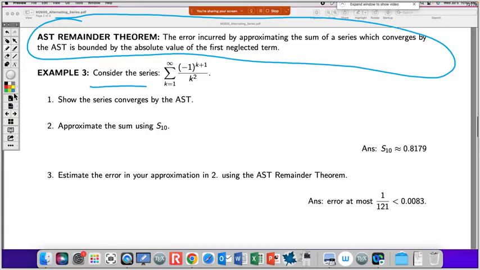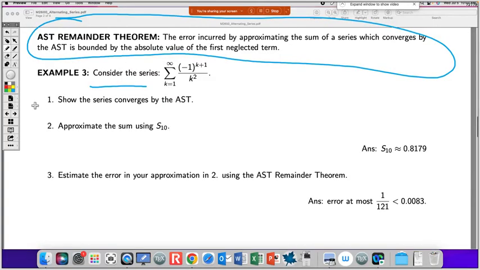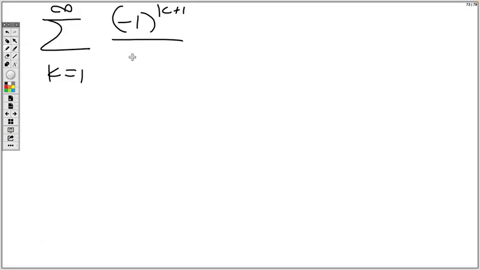Consider the series, sum k goes from 1 to infinity of negative 1 to the k plus 1 divided by k squared. First thing says to prove this series converges using the alternating series test. Okay? The first thing you have to show, if you're going to use the alternating series test, is the series what?